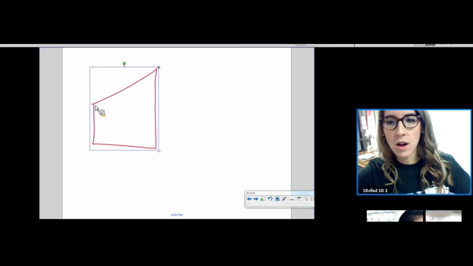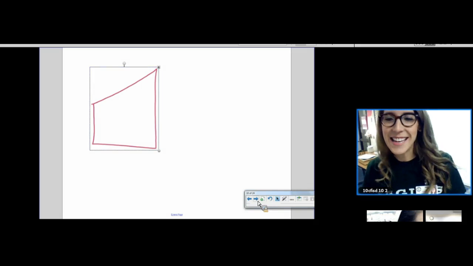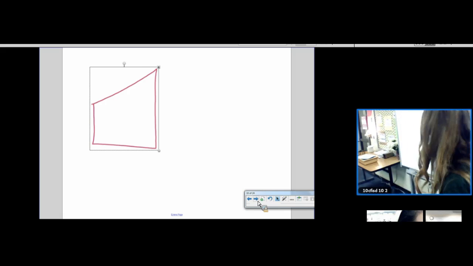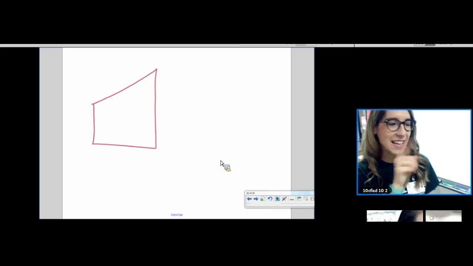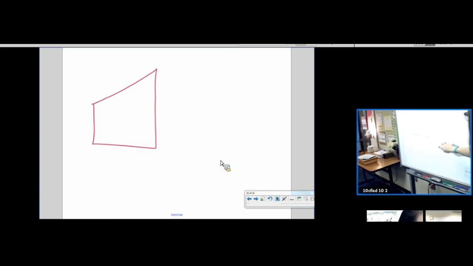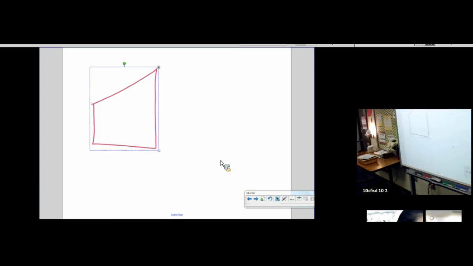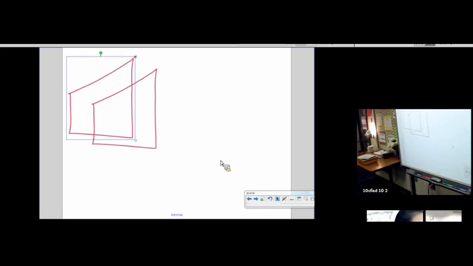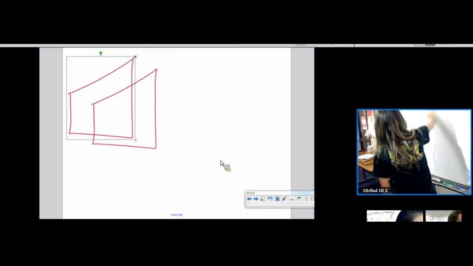How would I do that on a computer keyboard? Oh, that's true. I guess I could use the snipping tool. Yeah, I was thinking about Control-C, Control-V. So if I select this and I do Control-C, Control-V, that will give me a congruent figure.